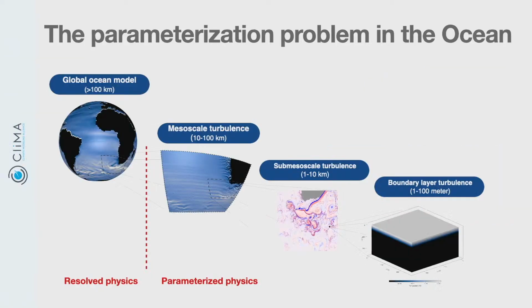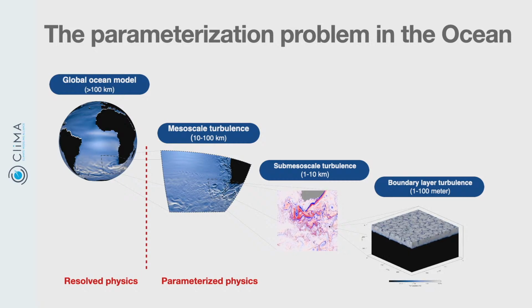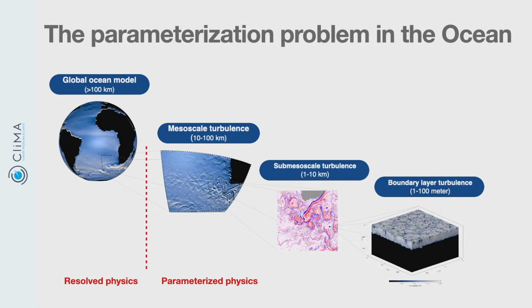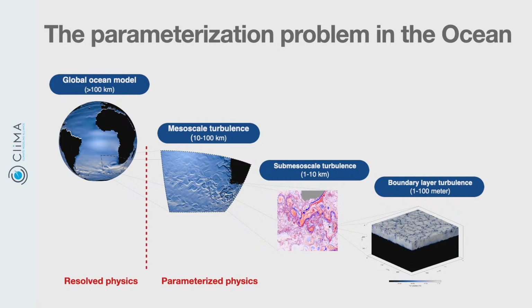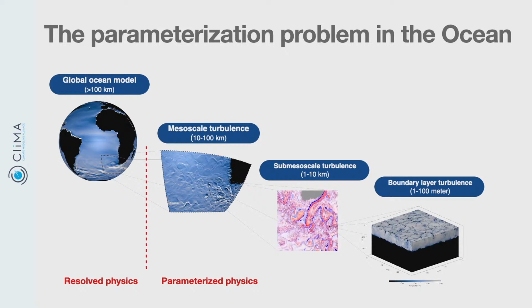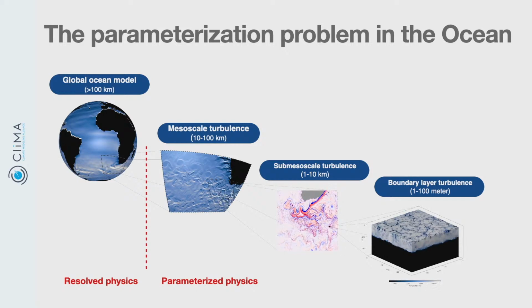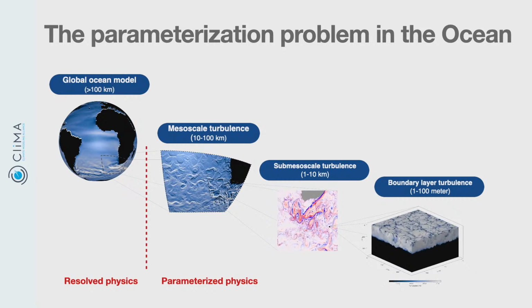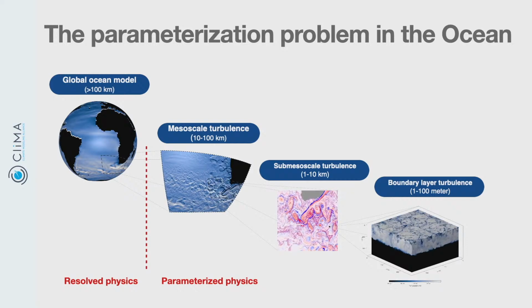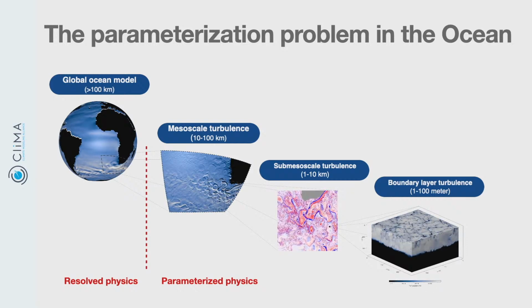Since we're doing the ocean, I would like to frame this problem a little bit in an ocean framework. I'm showing here the main processes that influence climate from the ocean, broadly subcategorized by length scales. The largest dynamical process is large-scale circulation in the ocean, and this has length scales of about 2,000 kilometers.